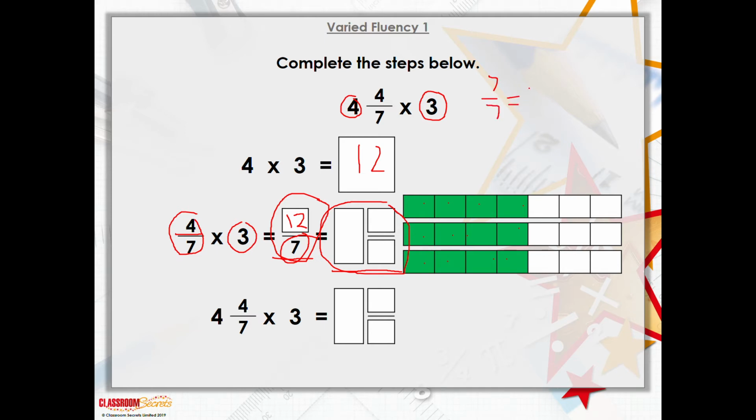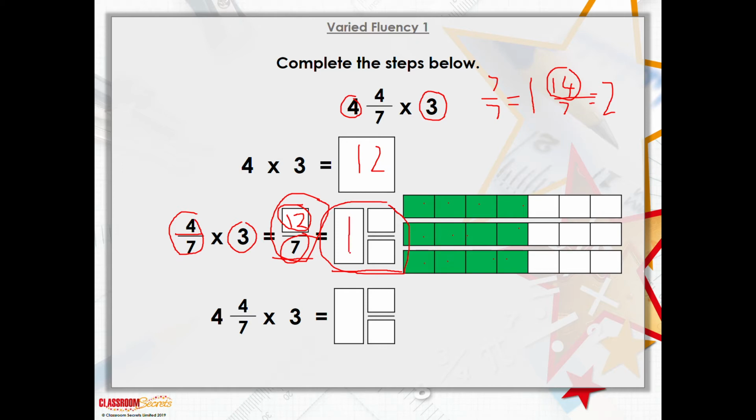Now, if I go off of my 7 times table, my next one, 2 sevenths, are 14. 14 sevenths is 2 whole numbers. However, my 14 in my 14 sevenths is larger, it's greater than my 12 sevenths. So it's only going to be 1 whole.